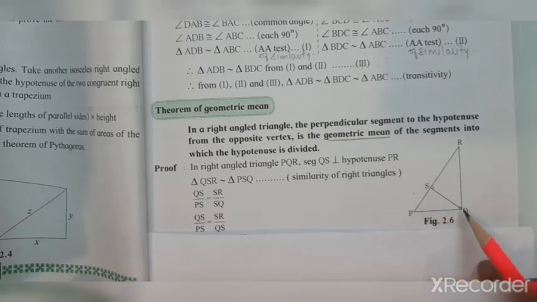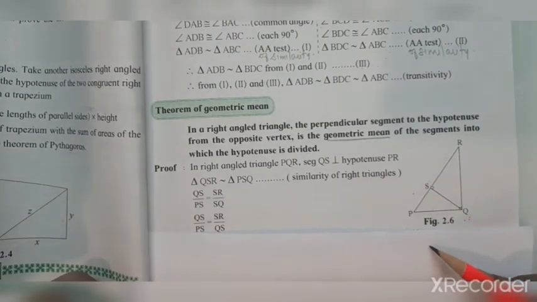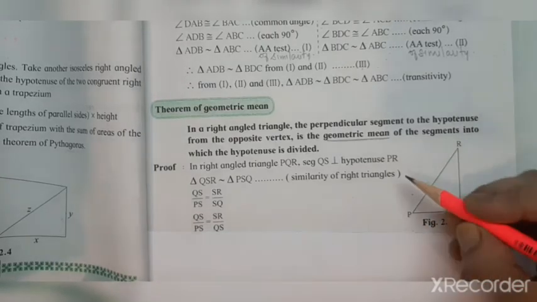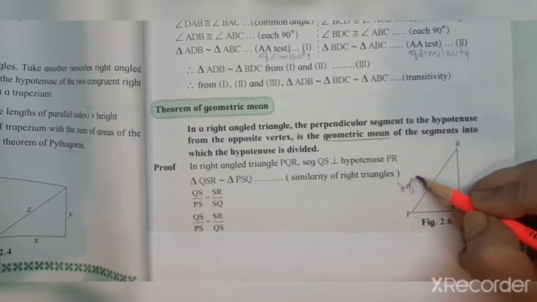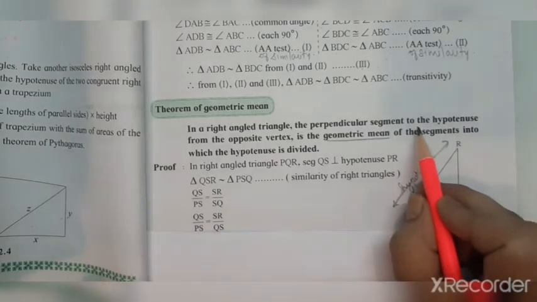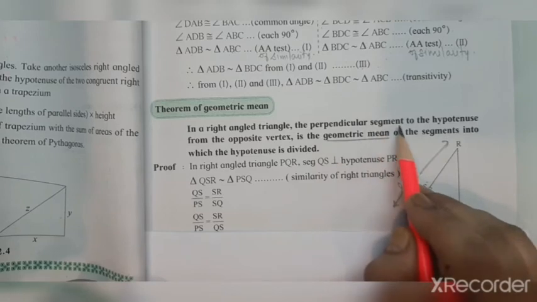The perpendicular segment to the hypotenuse. Now I mentioned if we have a right angle triangle, the longest side or the side opposite to 90 degree is the hypotenuse. So here 90 degree is angle Q. So the side opposite to 90 degree is PR. So PR is the hypotenuse here. So they have given in the statement the perpendicular segment to the hypotenuse.